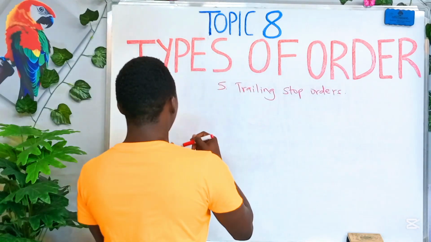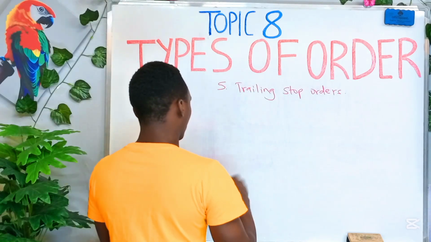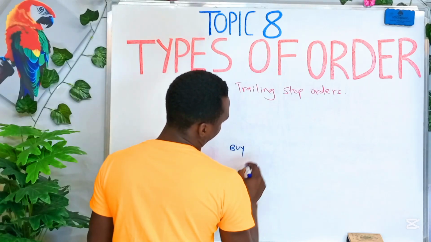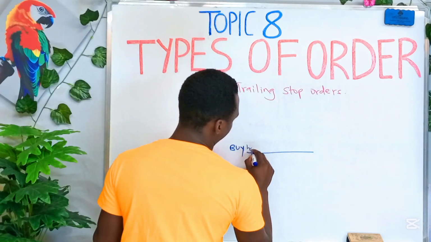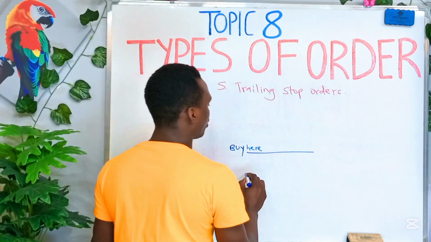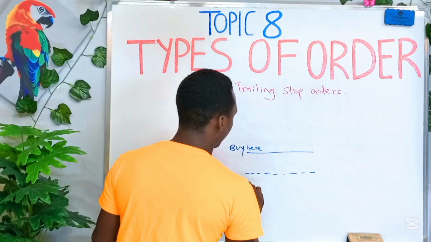Okay, so let's take an example that we had a buy trade here. Okay, buy trade there. Okay, we had set our initial stop loss at around here.